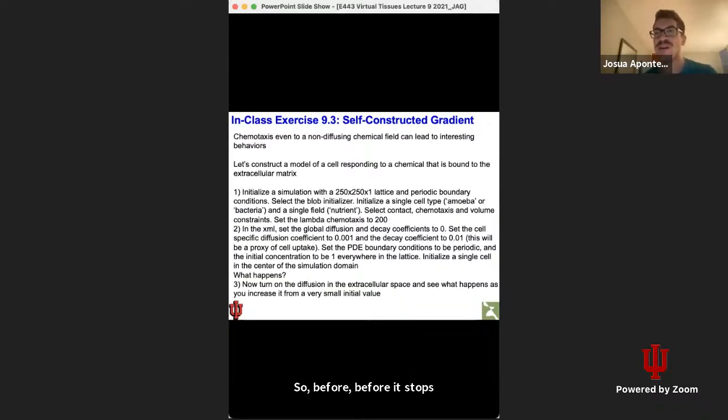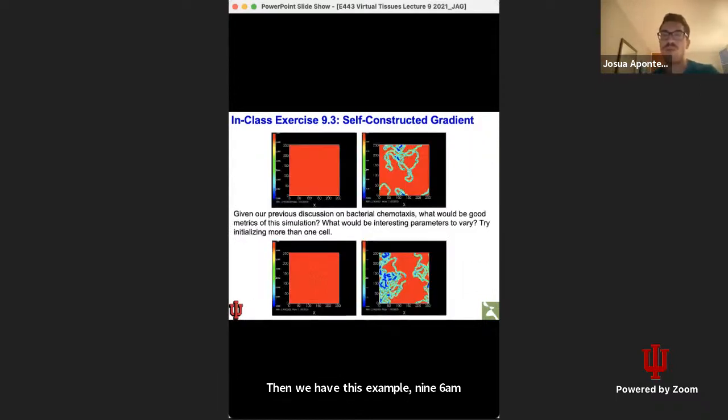Then we have these 9 examples that are intended to represent some nice biological systems. In this self-constructed gradient example, we put a cell on a fixed chemical field, and we have the field decay or be taken up by the cell.